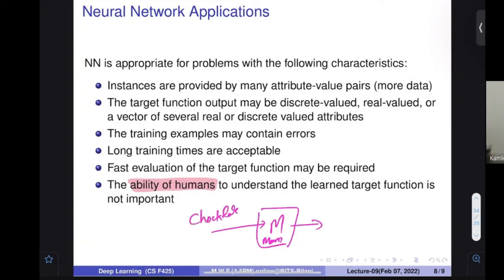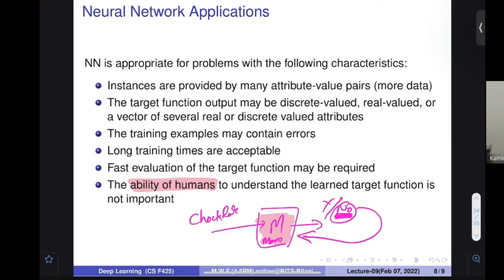Mom is telling yes or no to you. Mom is telling no, you don't take the chocolate. So what will you do? You would ask why you are not allowing me to take the chocolate. So this is interpretability. Whenever the model is going to give you something, you want to find out the interpretation, that why my system is telling me this.